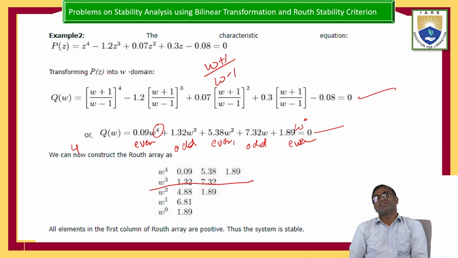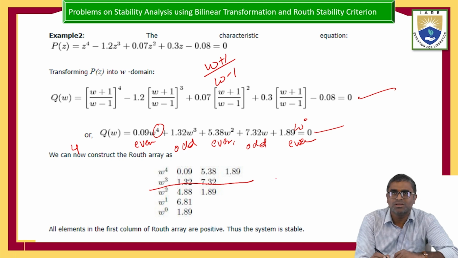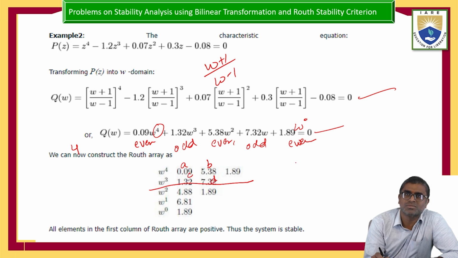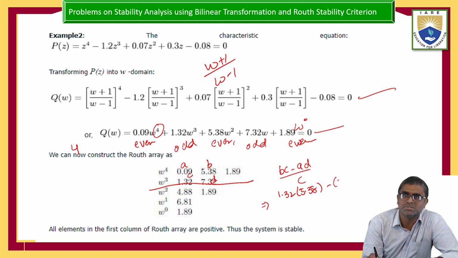Now coming to the next one, I want the omega square row value. Take the entries as A, B, C, D. So it is BC minus AD by C. This value is 1.32 into 5.38 minus 0.09 into 7.32, divided by 1.32.